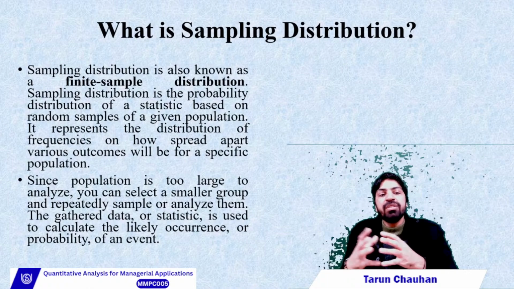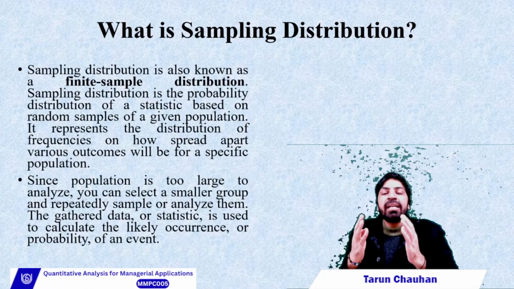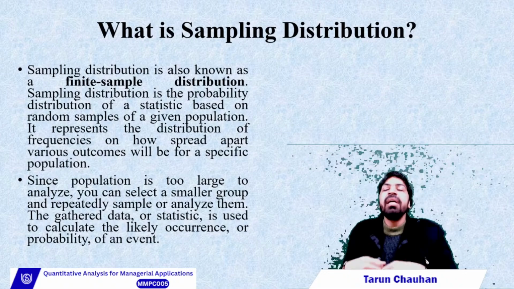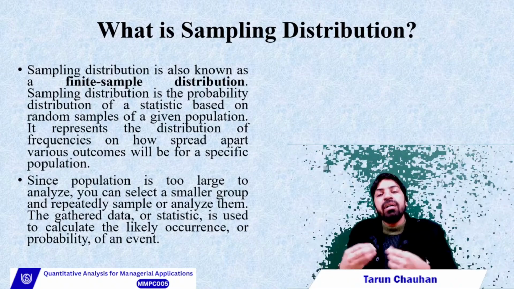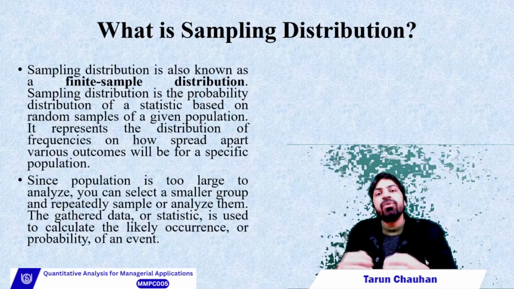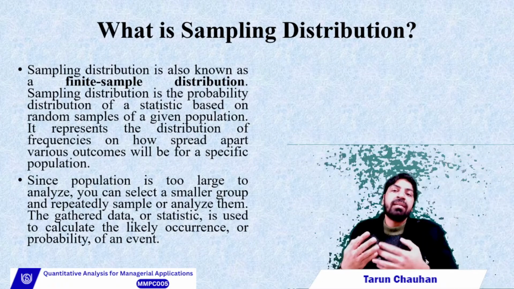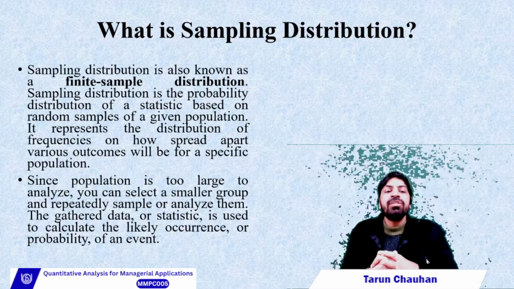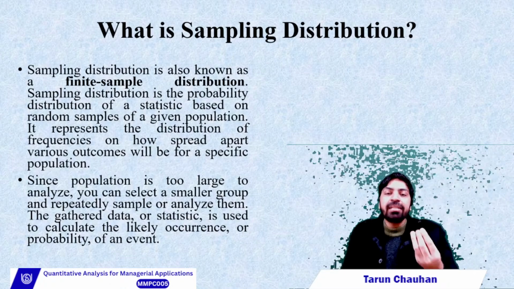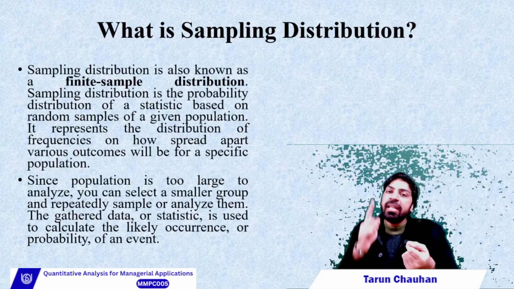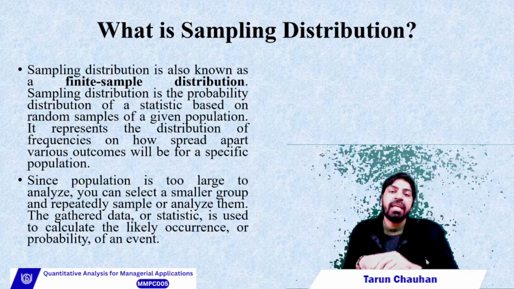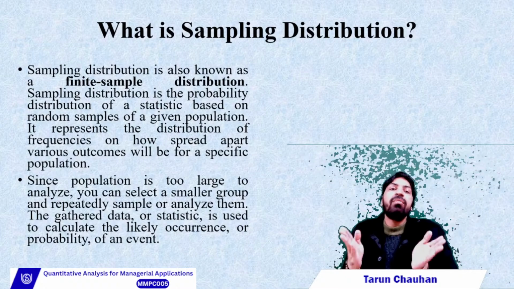As the population is very large to analyze, it is better to create a smaller group, repeat it, and analyze those groups. That is called a sampling distribution. Here we calculate one value, and that one estimate represents the whole population.